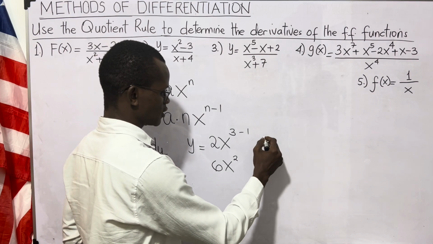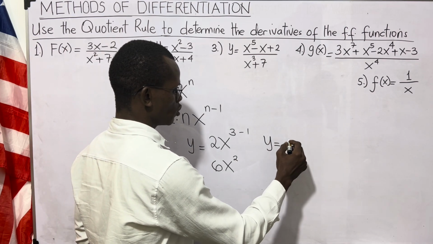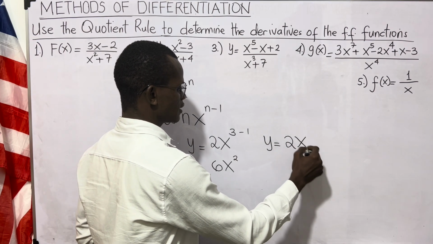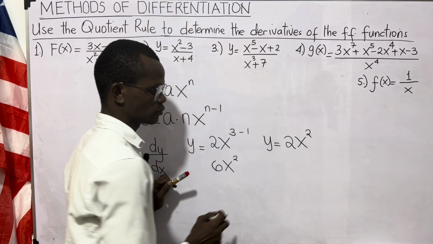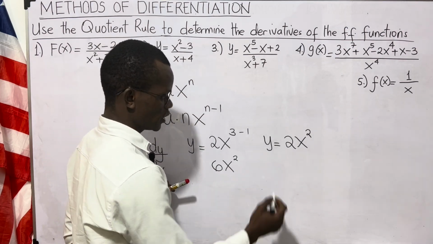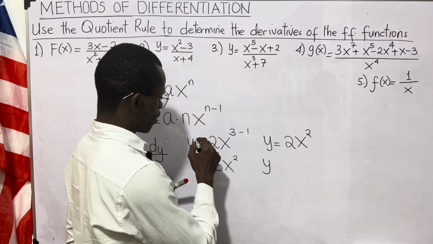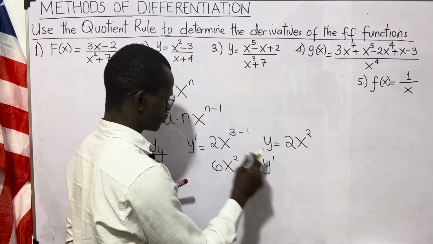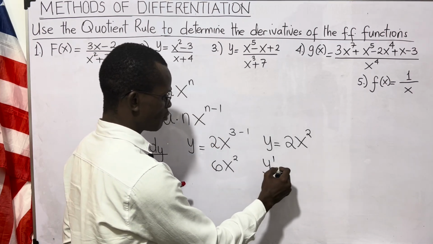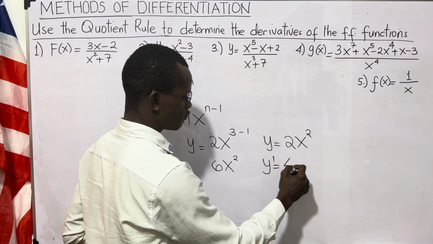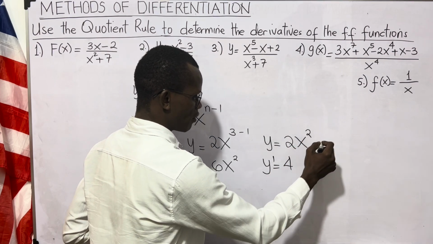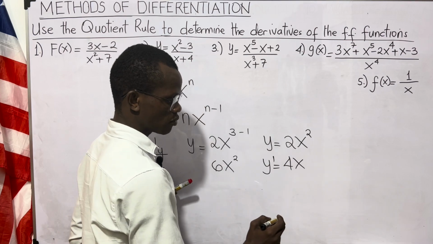What if it was y equals 2x to the second power? In the same way, y prime will be 2 times 2, which is 4. We subtract 1 from the power, it gives us x to the first power.